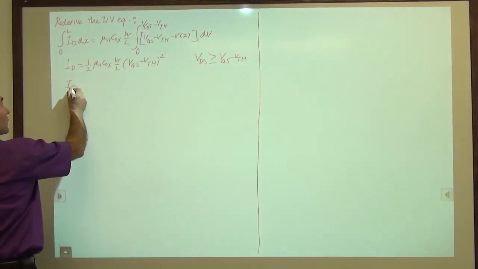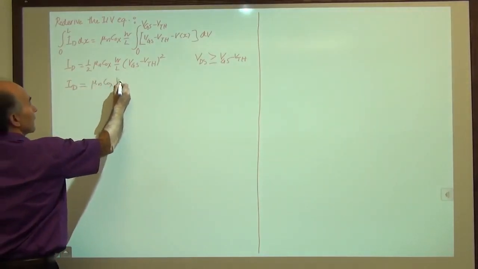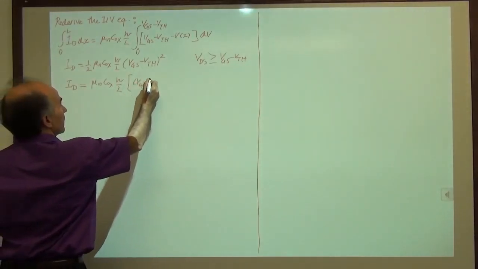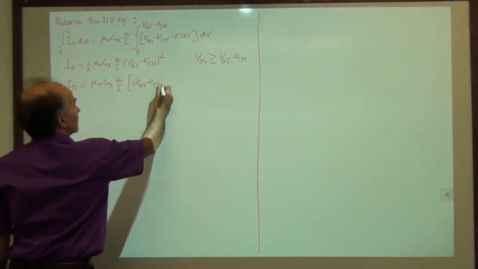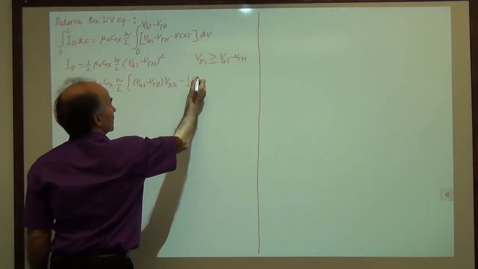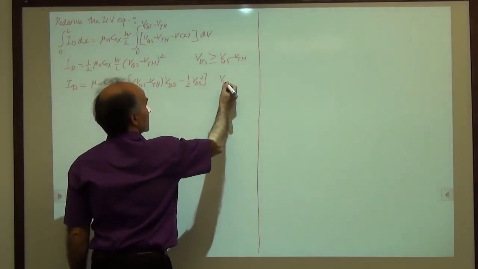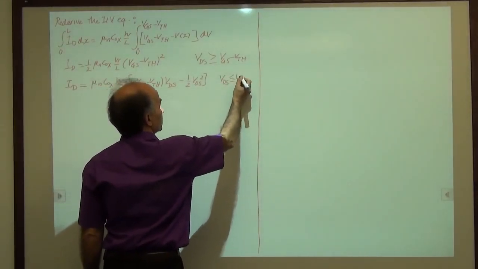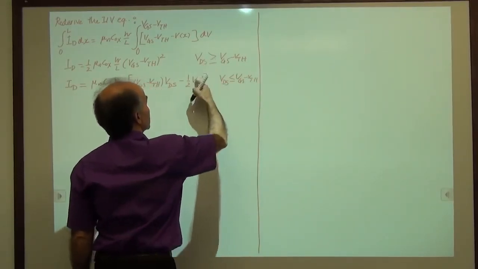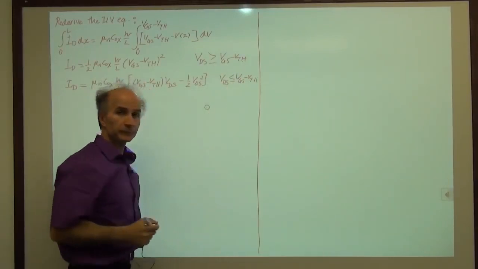But this is the old equation: mu n C ox W over L times (VGS minus VTH) VDS minus 1/2 of VDS squared. This is for the case of VDS less than or equal to VGS minus VTH. And these two are the same value when we have the equal sign here.